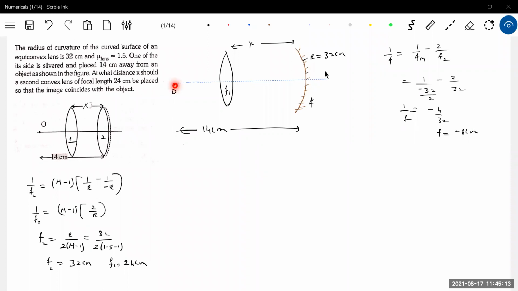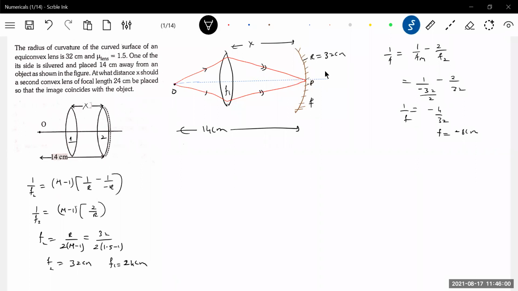So this particular lens should be placed in such a way that the image is formed at the pole; there are two possibilities for retracing. Either the final image is formed at the pole of the mirror, or else the final image should be formed at the center of curvature of this.